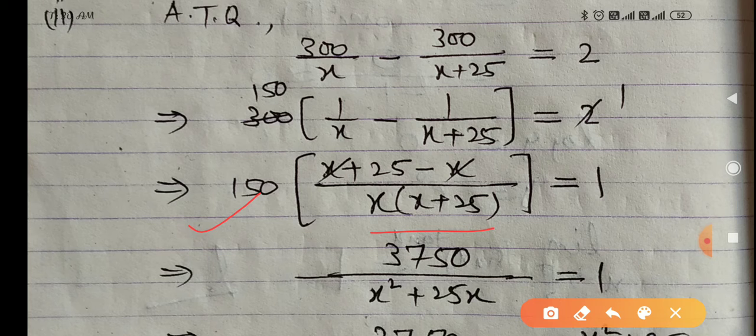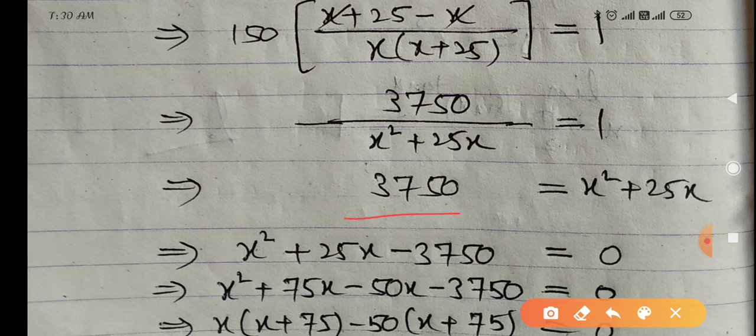So x plus 25 minus x will come in the numerator, and x is cancelled with x, giving 25. 150 multiplied by 25 is 3750 upon x square plus 25x in the denominator, equal to 1. Do cross multiplication: 3750 is equal to x square plus 25x. Take all the terms to one side, so x square plus 25x minus 3750 is equal to 0.